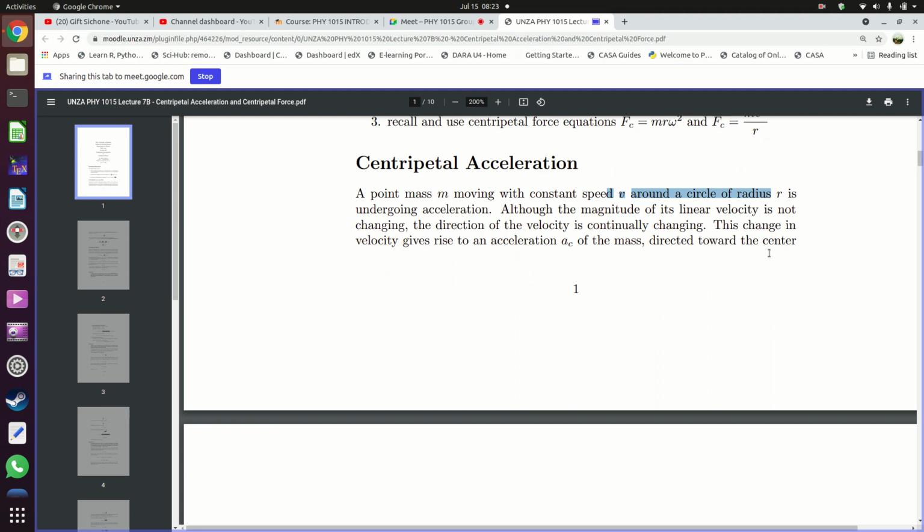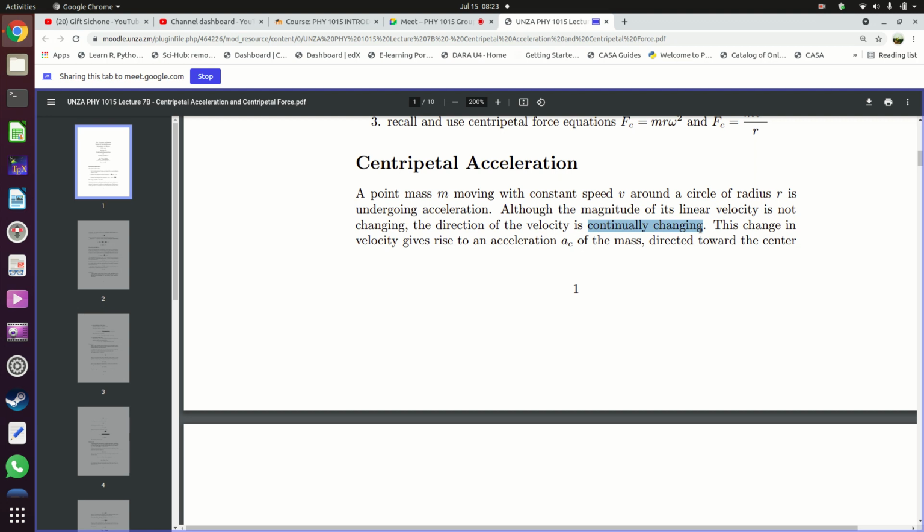The reason it's undergoing acceleration is because its direction is changing. Although the magnitude of the velocity v is the same, the direction of the object is continually changing.